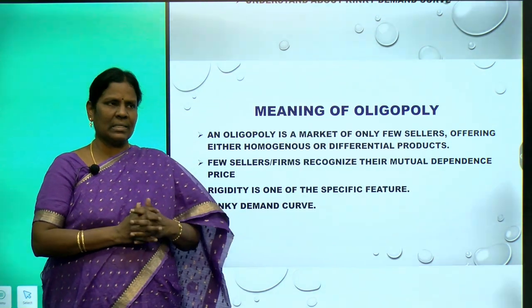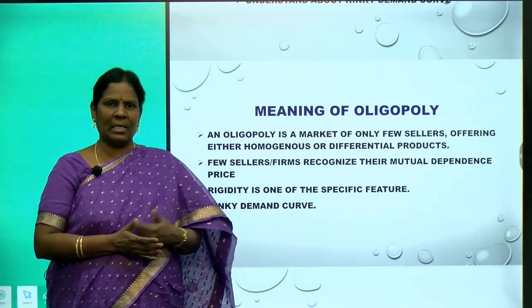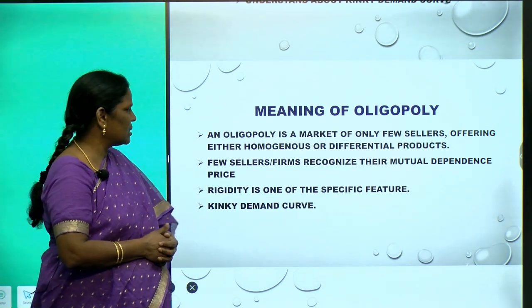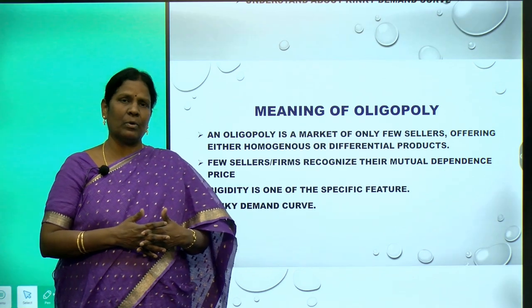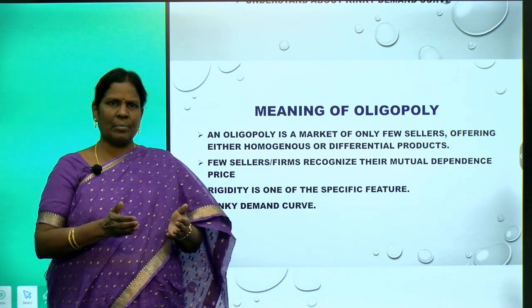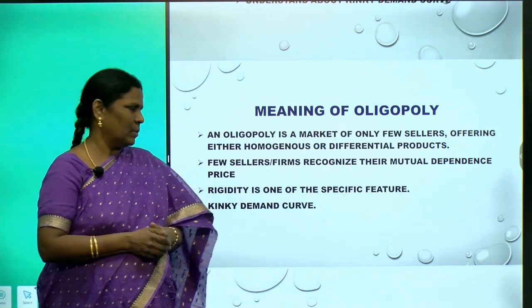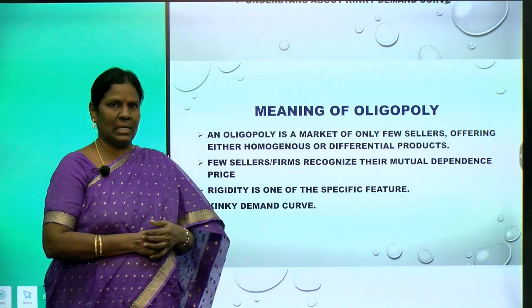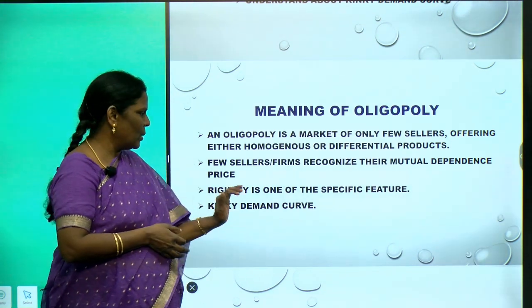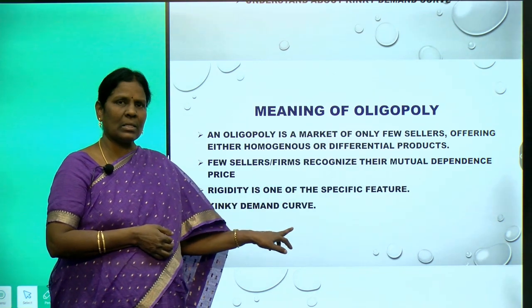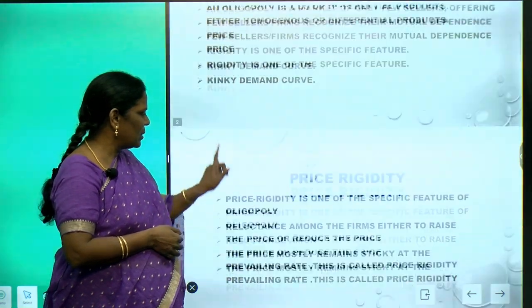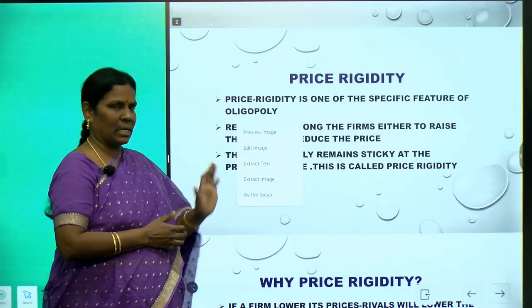The second feature is that sellers or firms recognize their interdependence, between one firm and another firm. The third feature is rigidity. Here rigidity means price rigidity. We will see the meaning of price rigidity, and based on that, how we can get the kinky demand curve. These are the features of the oligopoly market.